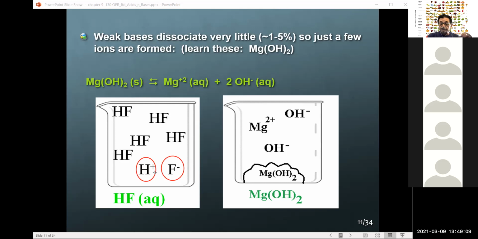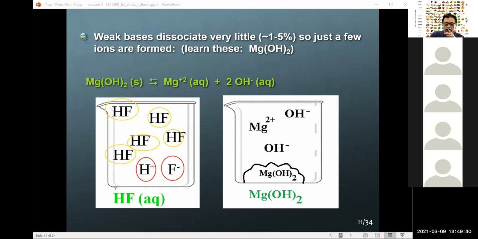Don't forget the charges on them. Just leaving the hydrogen up there would be incorrect. The majority of the rest of them, I'm going to change color here so we can distinguish them, are intact. They've not been separated. So in this example, we have 1, 2, 3, 4, 5 sets that are intact and only 1 set that has separated and dissociated.